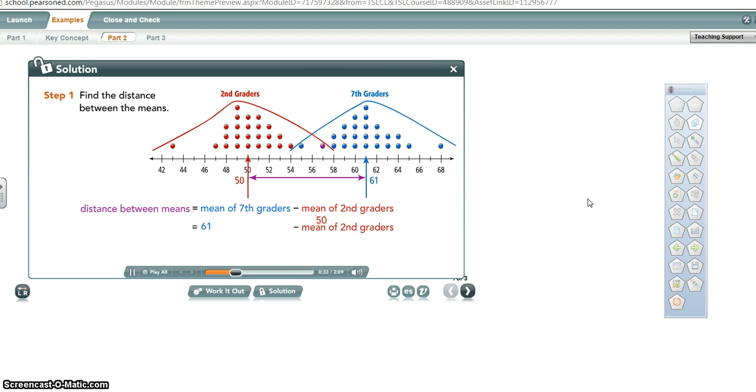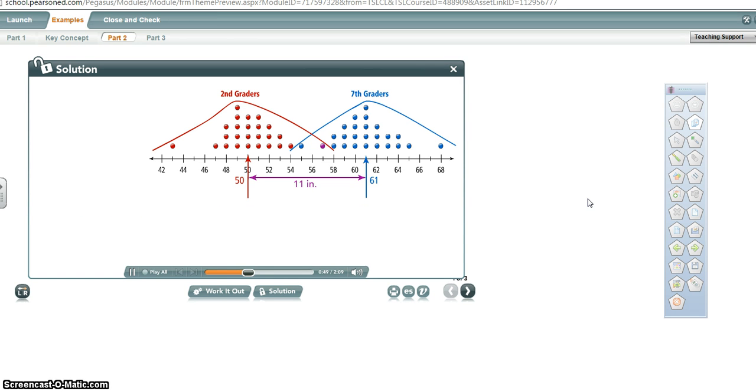Substitute the two means. The mean height of the seventh graders is 11 inches greater than the mean height of the second graders. The mean absolute deviation of the second grade heights is 2. The mean absolute deviation of the seventh grade heights is also 2.